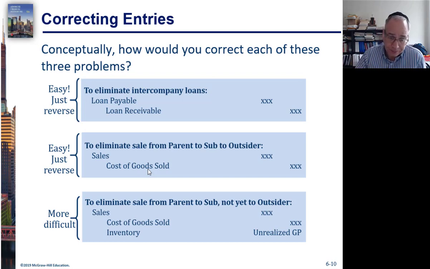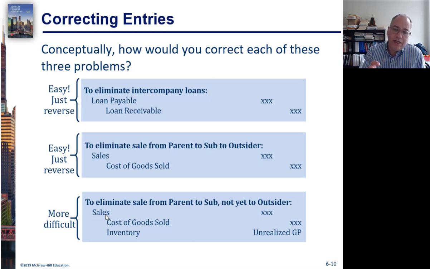Now, if it was a sale from a parent to a sub, but the sub had not yet sold to the outsider, you would need to eliminate a little more. You would need to eliminate the sale itself, because it's not a real sale. You would need to eliminate the cost of goods sold that the parent recorded, because that's not really cost of goods sold yet, because nothing has been sold.